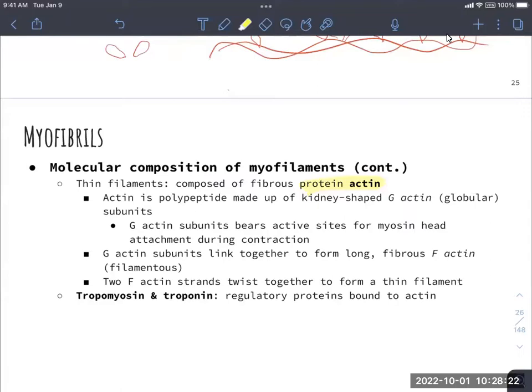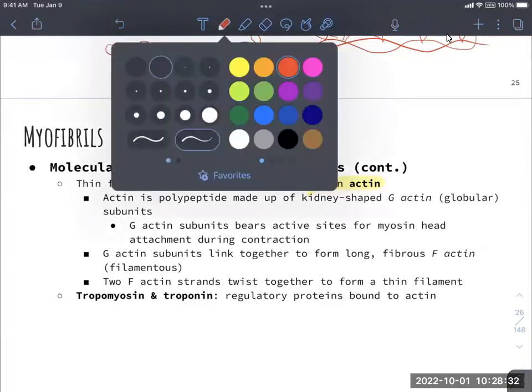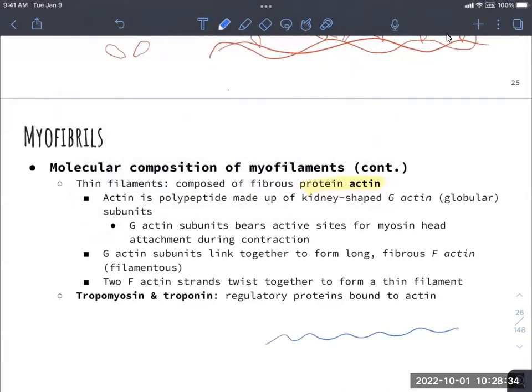And they have these long chains that kind of link together and they form that actin, kind of like I showed above. There's these chains that come together, they wrap around each other and twist together and they form that thin filament.